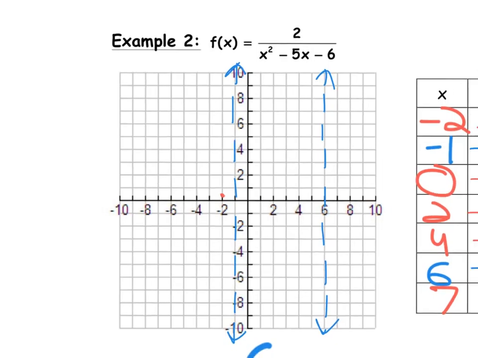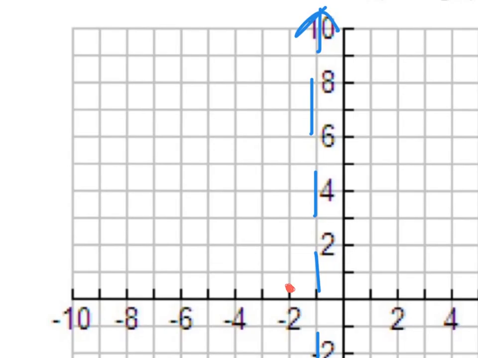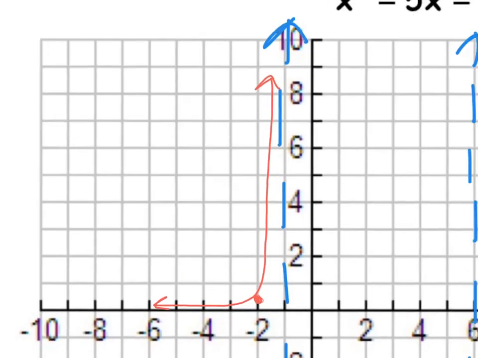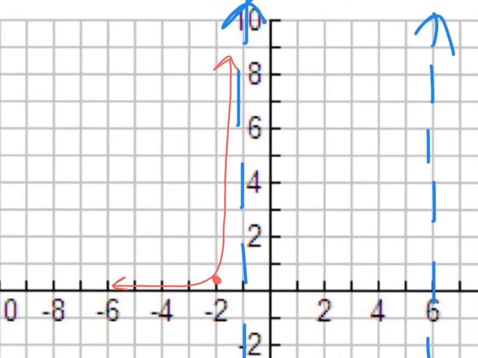My graph is going to look something like this. It's going to hug the asymptote coming down, and then it's going to hug across the x-axis.